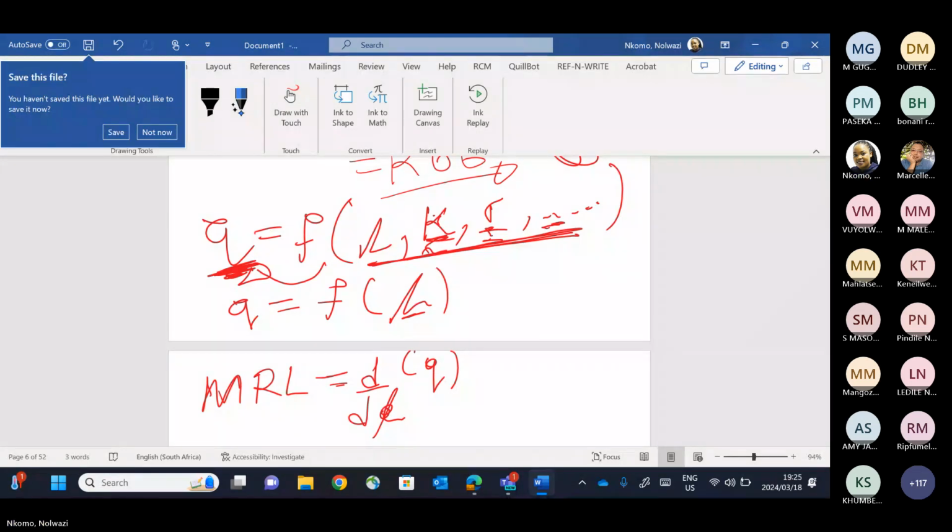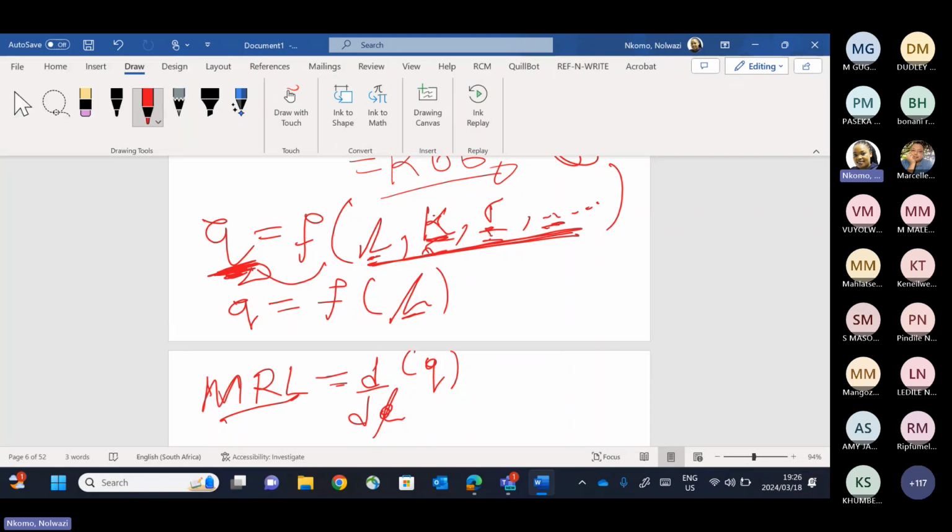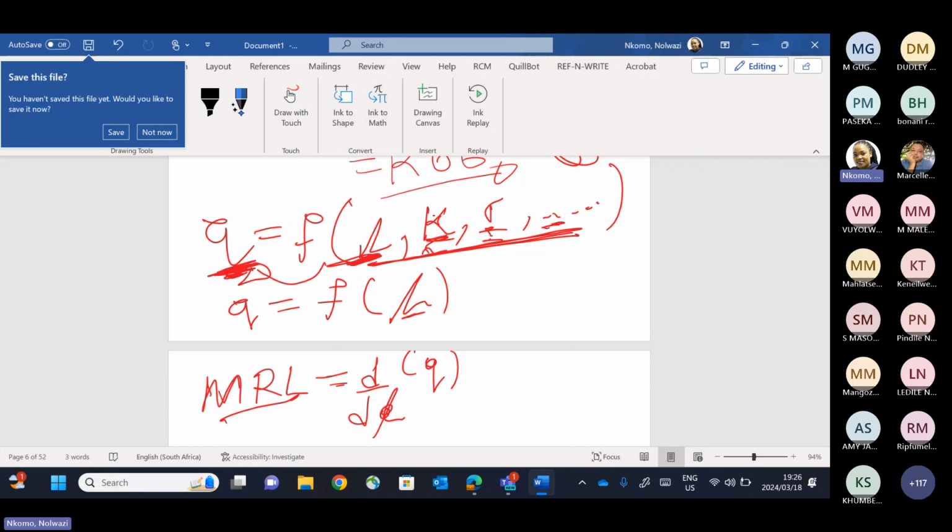So when labor is increased by 1 unit, we keep the others the same because they are constant anyway.